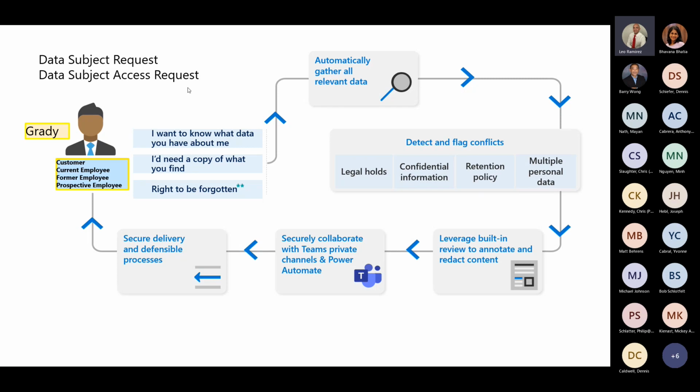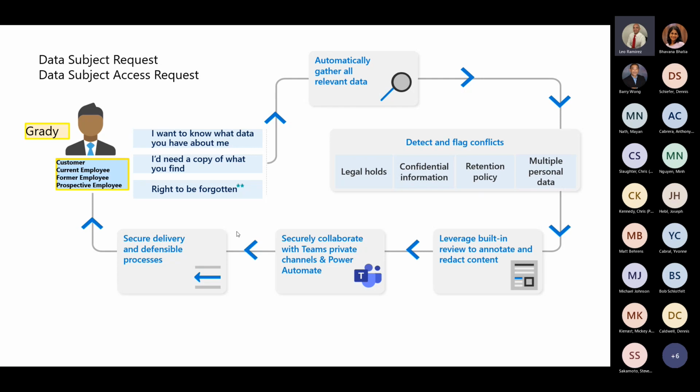You may have heard them termed DSRs or DSARs. These requests can come from customers, current employees, former employees, or even a prospective employee. They're asking things like, I want to know what data you have on me, or I need a copy of the data that you find because I have the right to be forgotten.